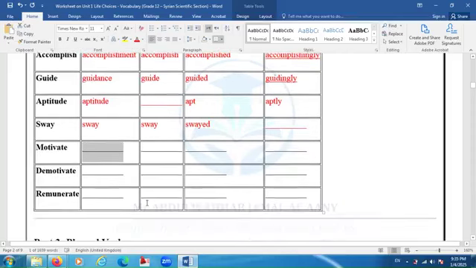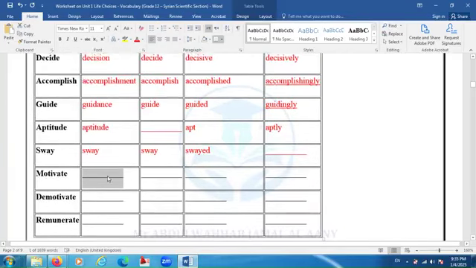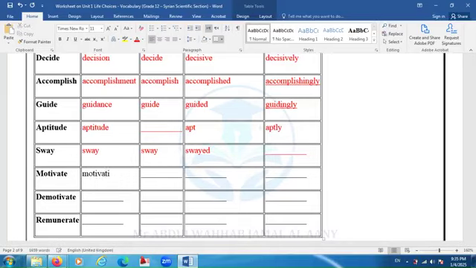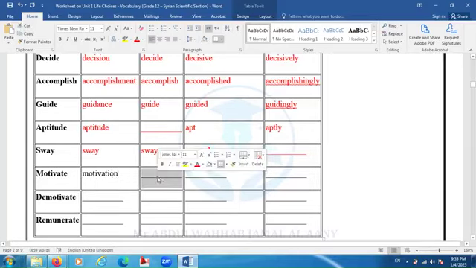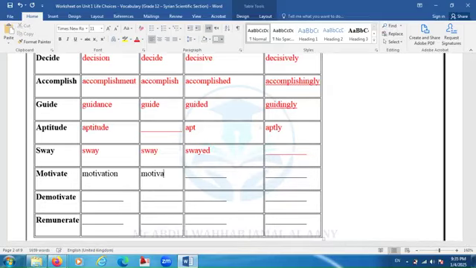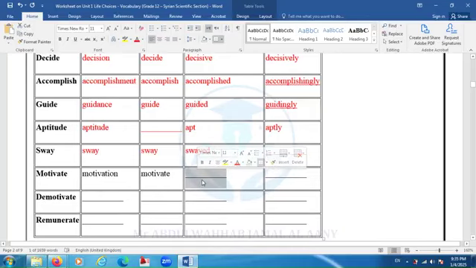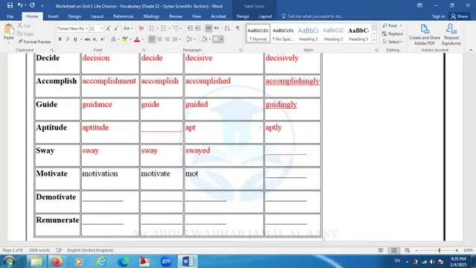Motivate, the noun, sorry, is motivation. The verb is to motivate. The adjective is motivated.